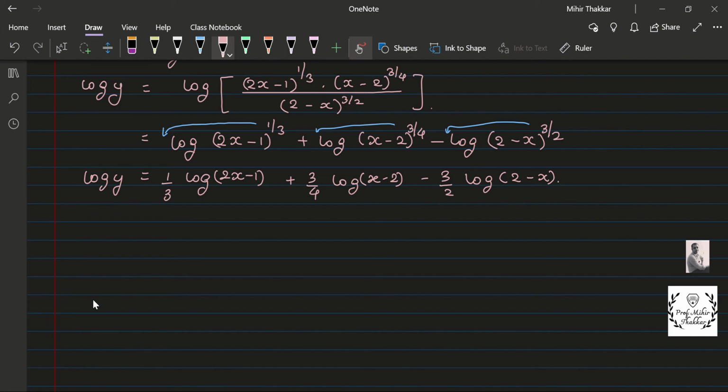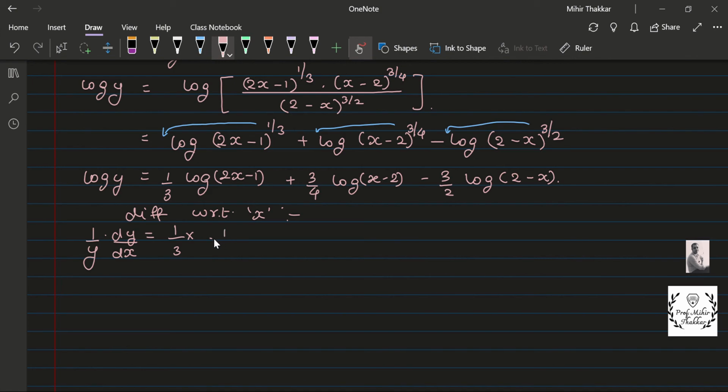So we will say over here, differentiating with respect to x. Derivative of log y, I am sure we have now become really proficient with that, is 1 by y into dy by dx. We leave this 1 by 3 as it is over here. Derivative of log of f(x) is 1 upon f(x) into its derivative.